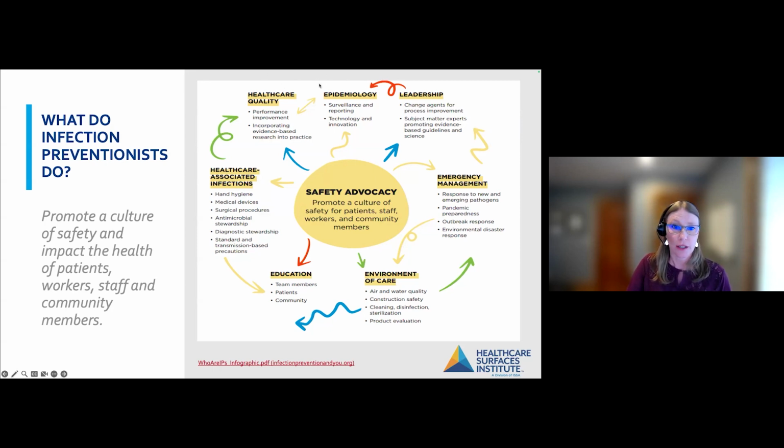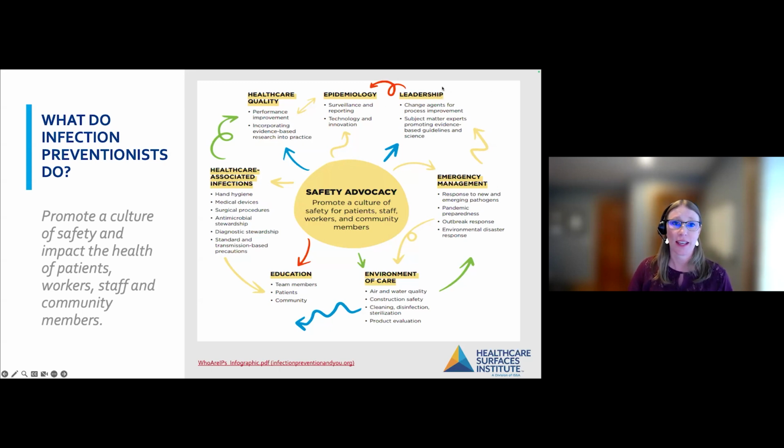Epidemiology is looking at our surveillance and reporting that's required, especially by like CDC requires certain surveillance and reporting. We have a lot of interaction with leadership and key stakeholders throughout the organization.